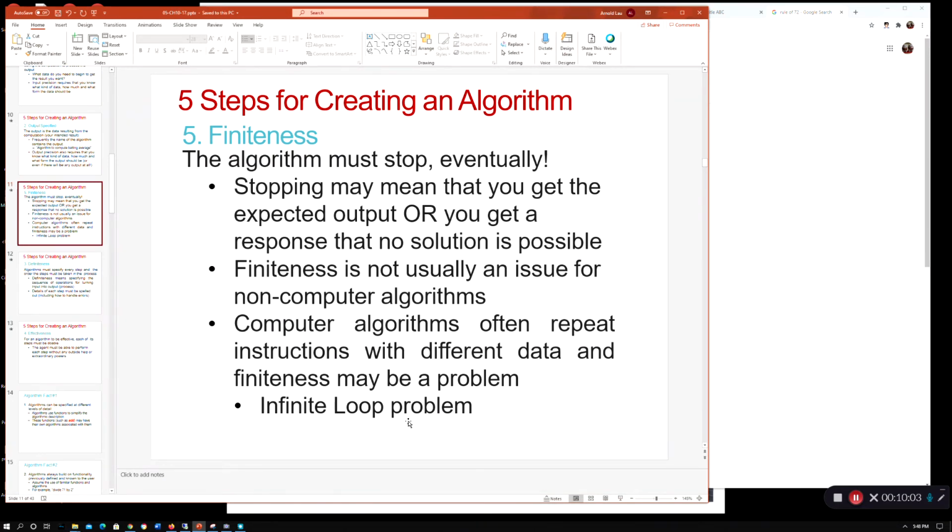Maybe you think of something like calculating pi. That's going to go off to infinity. It will never end. Sometimes we can write a program that will keep on running forever unless you stop it. That's not much of an algorithm. An algorithm wants a finite outcome to come out. Either you get your expected output, or it tells you no solution is possible.